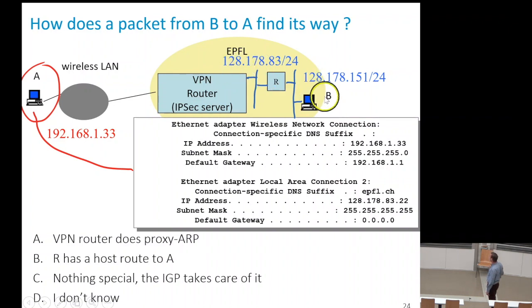So for B, your destination address is this one, an EPFL address. So B will send it towards this. Now the subnet 83 is the subnet here on which the VPN router is working. So it will go towards the VPN router here. Do we need to do something else? I'm proposing possible options. What do you think?